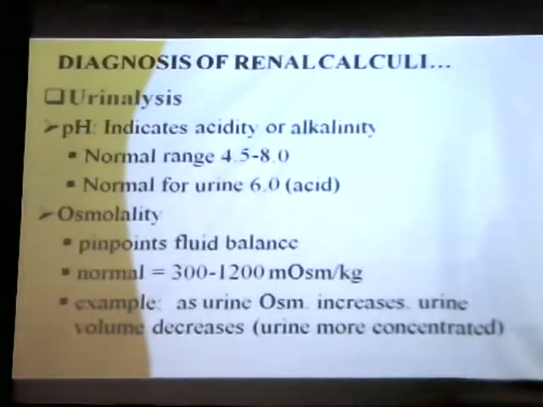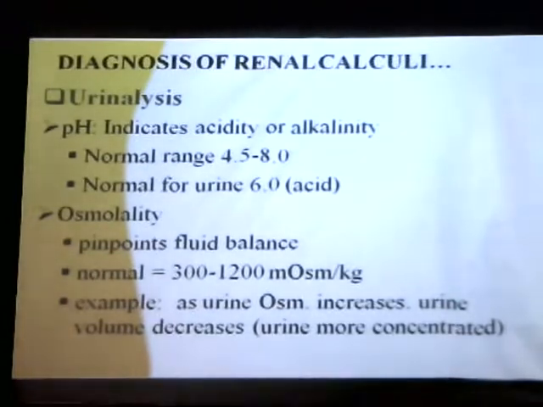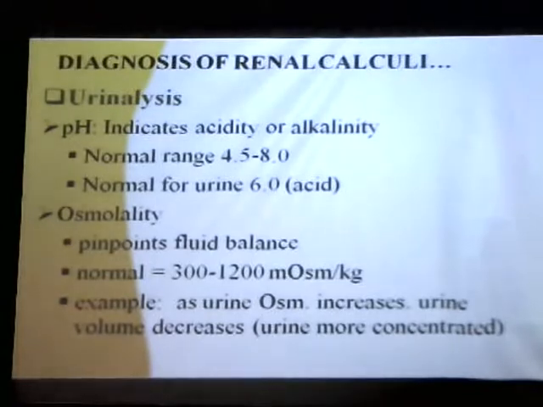So let us first look into the pH. pH indicates the acidity or alkalinity of the urine. The normal range is around 4.5 to 8. Usually we find a value of around 6, which is acidic and a normal value for urine.